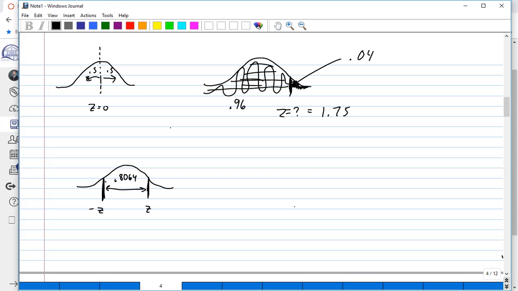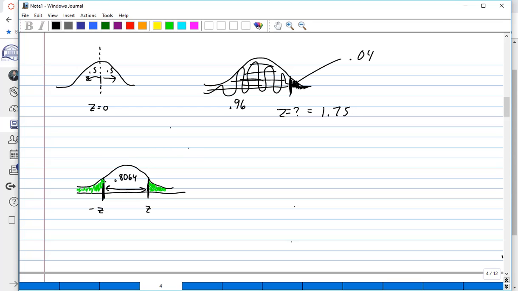Alright, so what we want to do here is use the fact that all of this area and all of this area have to be the same, and also that the total area has to add up to be 1.